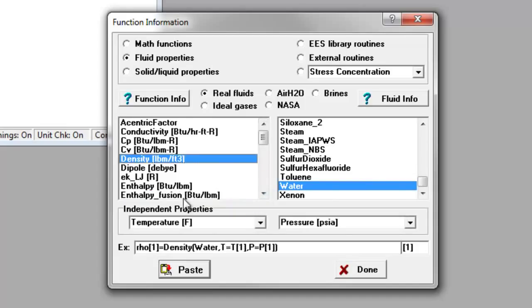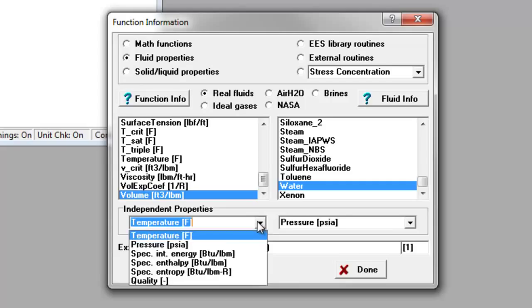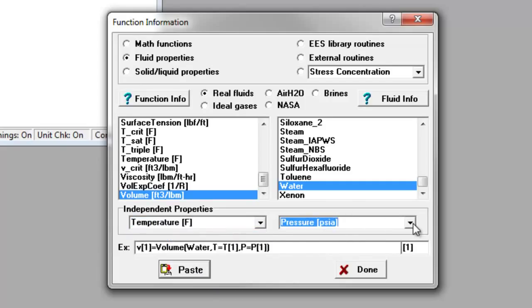And here we're looking for volume, specifically the specific volume. And the properties that we have to look at, if you look over here, we have temperature, pressure, and mass. So from this chart, you can see that we can just use temperature and pressure.